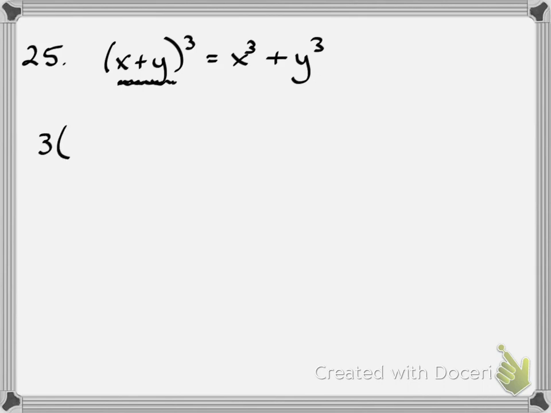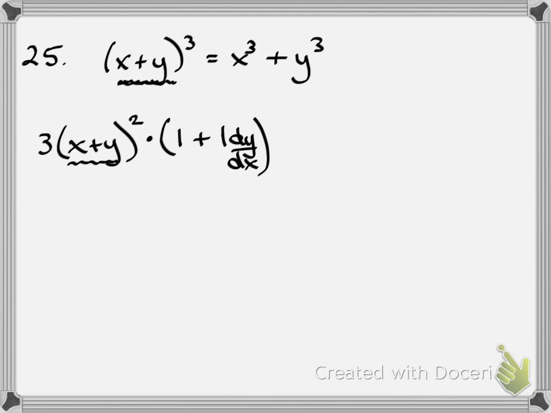So we'll do 3 times that quantity to the 1 less power times the derivative of this. So the derivative of x is 1, and the derivative of y is 1 times dy/dx. On the right-hand side, the derivative of x cubed plus the derivative of y cubed times dy/dx.